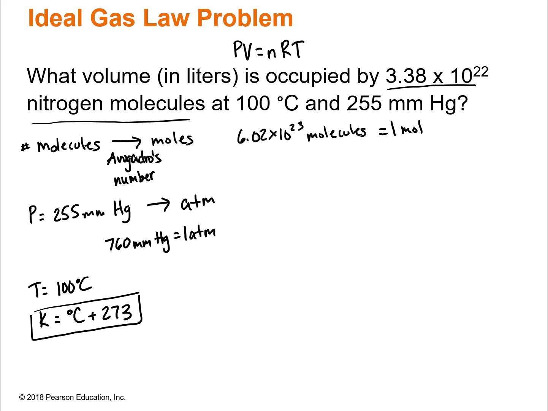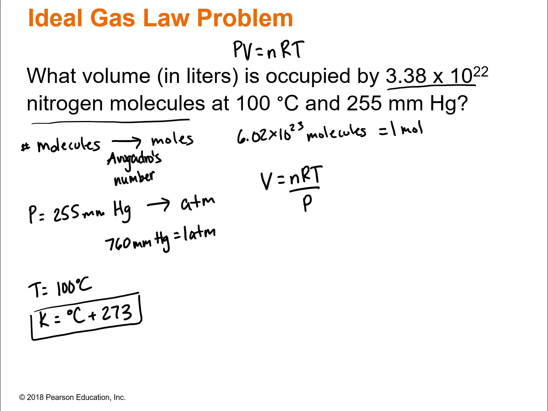This time, we're looking for a volume in liters. So we need to rearrange the ideal gas law to solve for volume. Divide by the pressure on both sides. And you can get the volume.